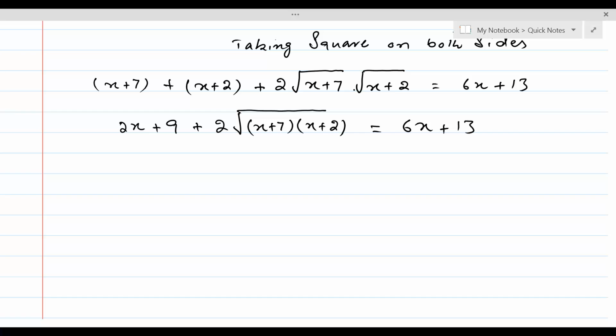And we isolate the square root, as part of our method, on one side, moving everything else to the other side.